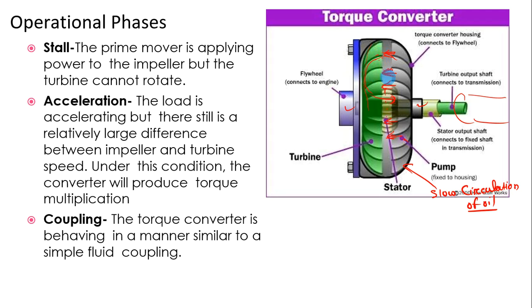OK, so here, what we said about the redirection of the oil toward the pump: the net effect of the redirection of flow is to increase the pump output. OK, the pump output under this condition is the output velocity, and that is created because of the engine torque. And the input velocity of the redirected oil is also adding to that.